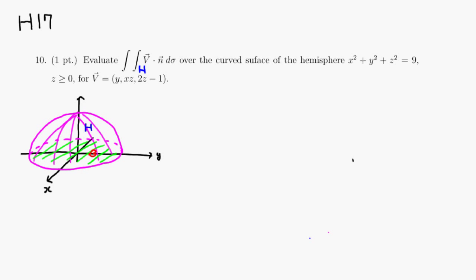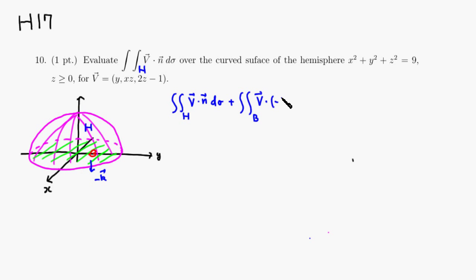So we know that the double integral over this hemisphere H of V dot n d sigma, combined with the bottom side, over B, is the same thing, V dotted with the outer normal vector, which for the base is negative k.